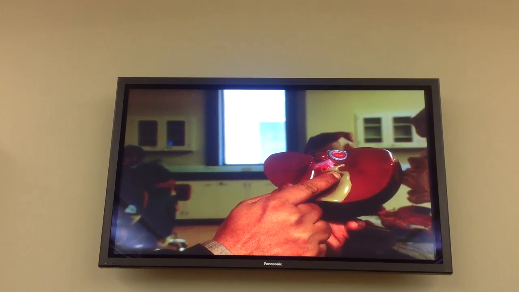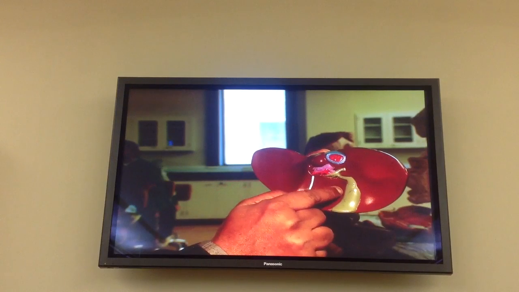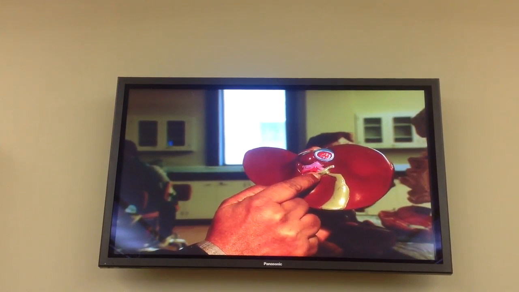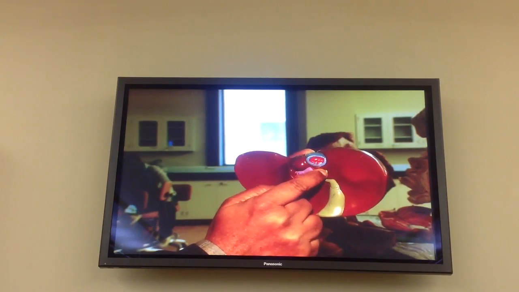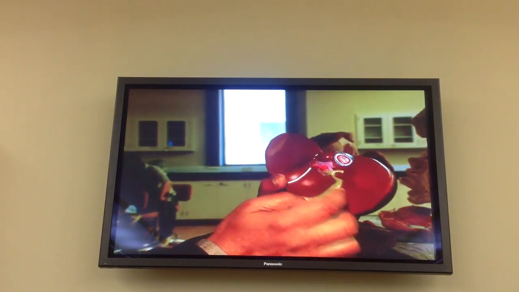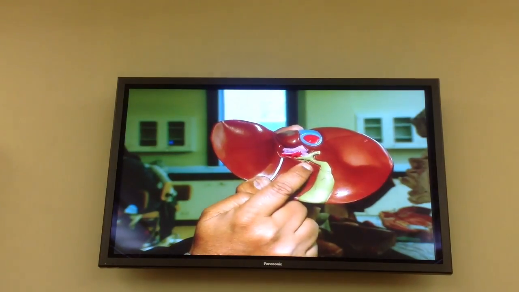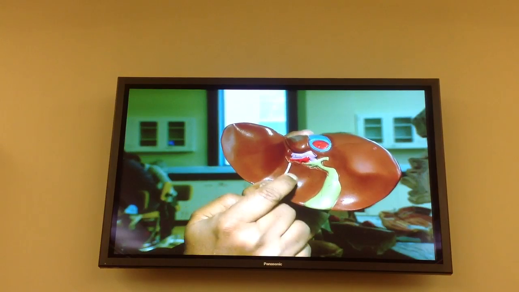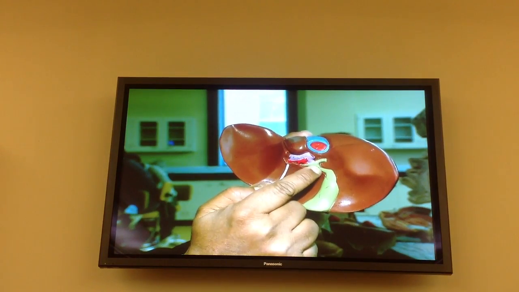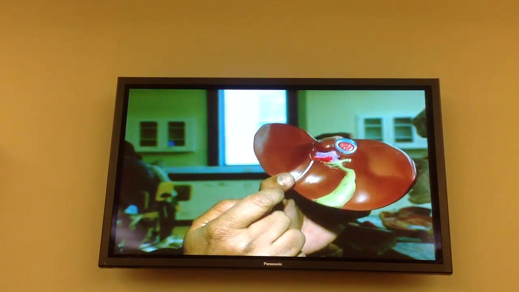And here the two ducts, one from the left lobe, one from the right lobe, very small, unite to form, with the cystic duct, the common hepatic duct. So this is like English letter Y. One for the right lobe and the other for the left lobe. They unite and again unite with the cystic duct to form the common hepatic duct.